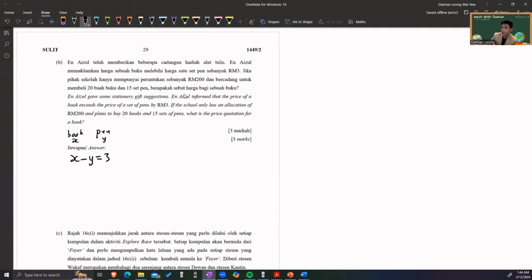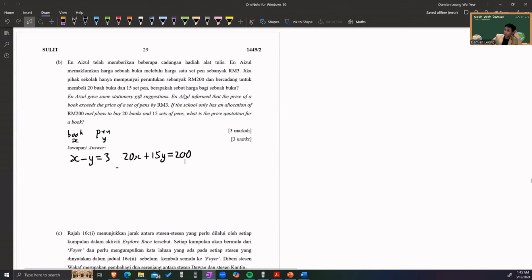Then the other one is 200 ringgit allocation for 20 books and 15 pens. Means 20 times the price of a book plus 15 times the price of a pen would be equal to 200. So I can use simultaneous equations here.